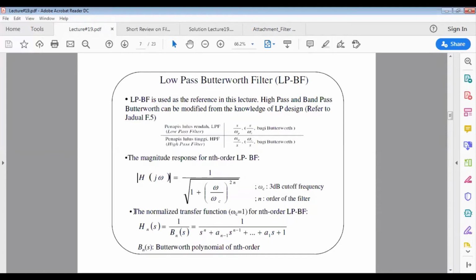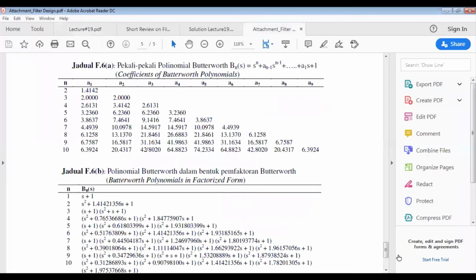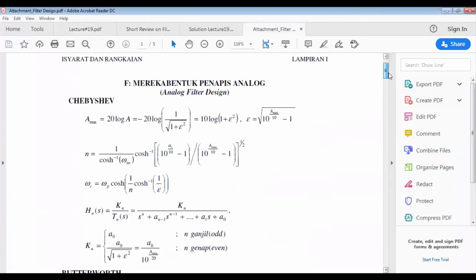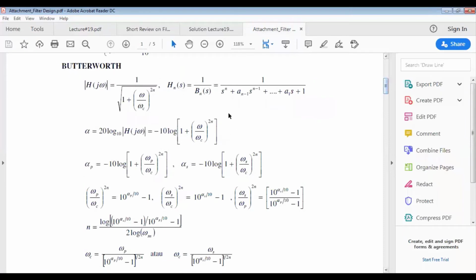This is the magnitude response for the n order low pass Butterworth filter. These are the equations that can be obtained from the first page of this attachment. If I refer back to this attachment, on the first page, concentrate on the Butterworth column.